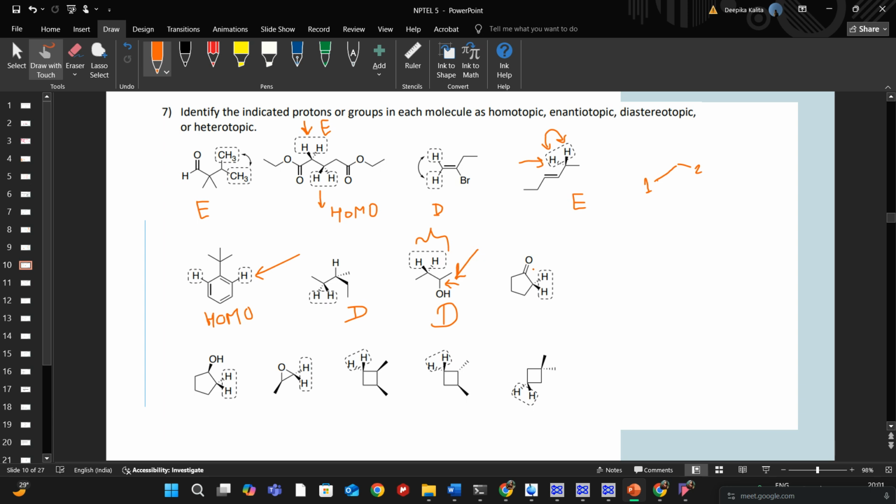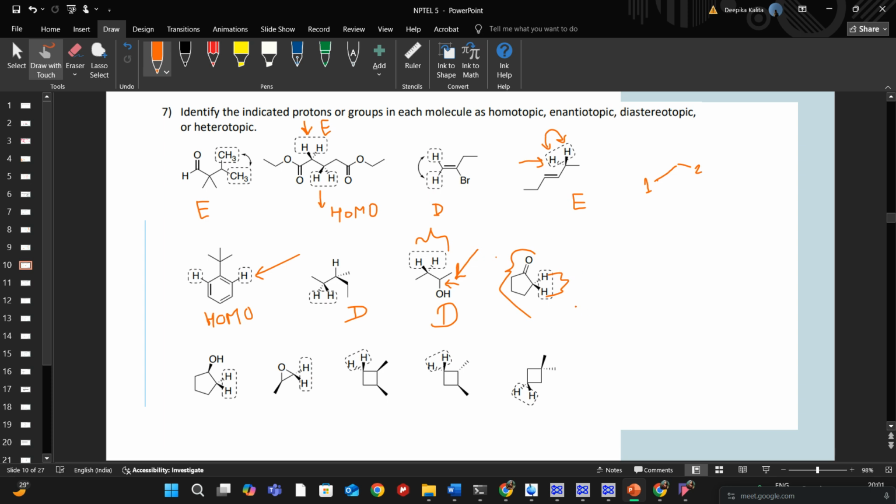In the next one, we have a planar ring here where on the alpha position we have these two protons which we have to assign the topicity. So you can imagine a plane of symmetry passing through the cyclopentanone molecule, and both the protons on the alpha position will lie above and below the plane. Hence, replacement of each of these protons by a deuterium will lead to a different enantiomer.